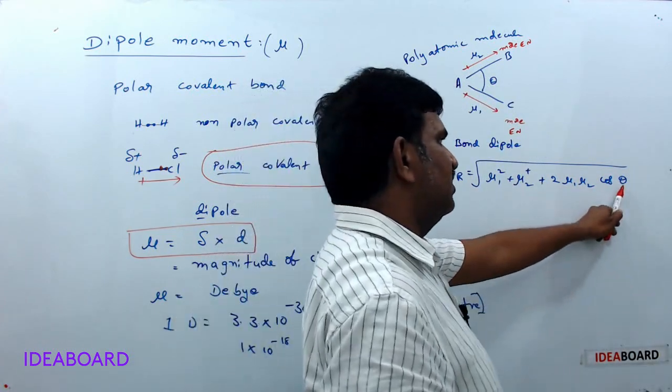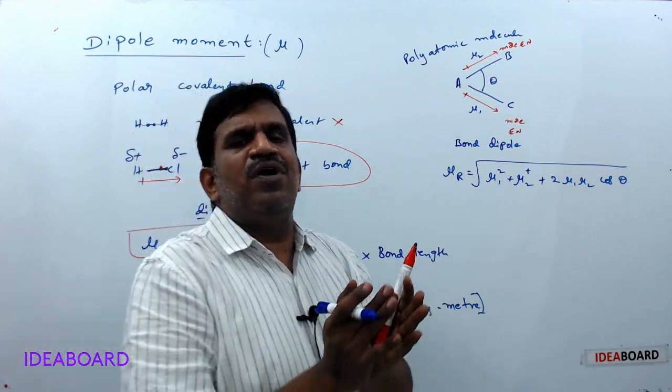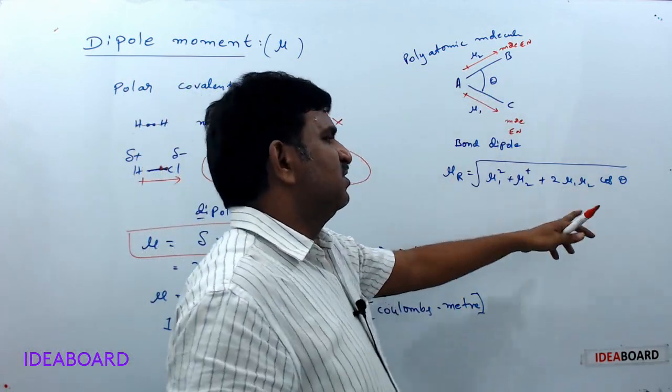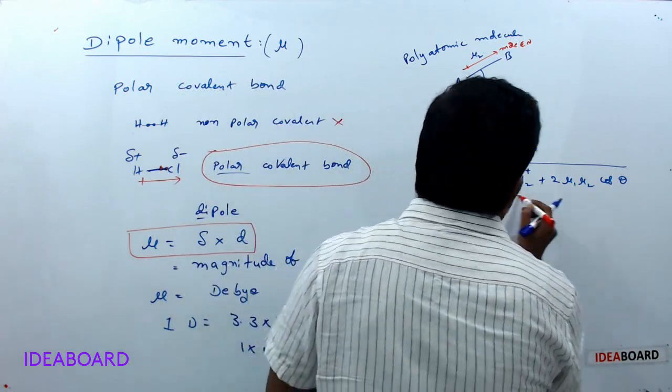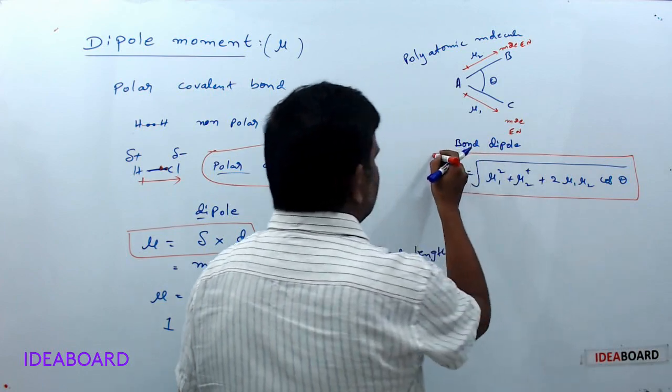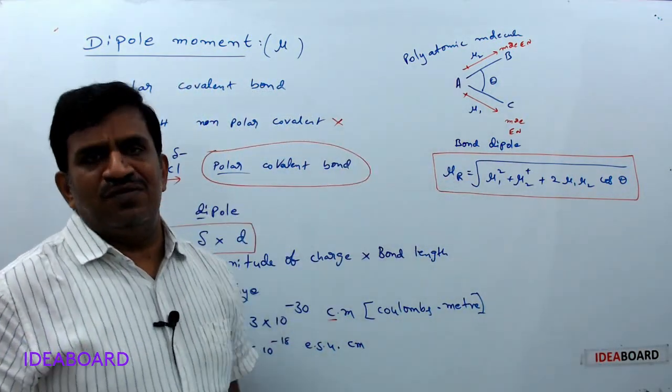Here, mu1 is this, for example, and this is mu2. What is theta? Theta means the bond angle, the angle between two bonds at the central atom. That is called the resultant dipole moment. This is to calculate the dipole moment in a polyatomic molecule.